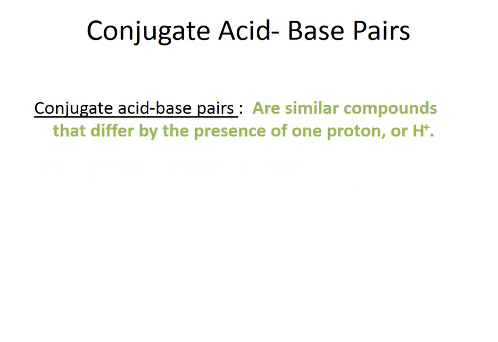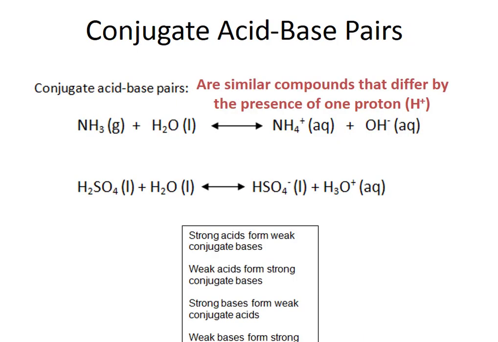We're going to use conjugate acid-base pairs, similar compounds that differ by the presence of one proton or H plus ion. Now we can identify who's the acid, who's the base, who's the conjugate acid, and who's the conjugate base. Strong acids form weak conjugate bases, and weak acids form strong conjugate bases, and vice versa. So what does that mean? NH3 in my forward reaction is my base, so this has to be my acid.